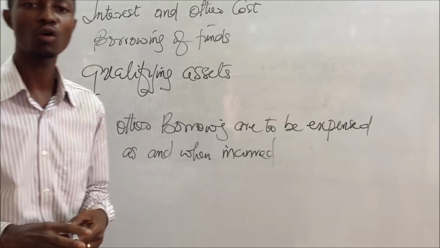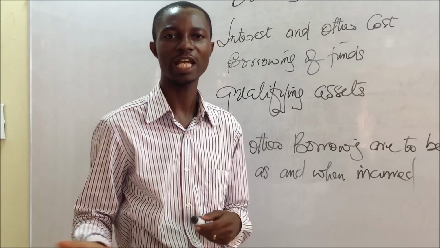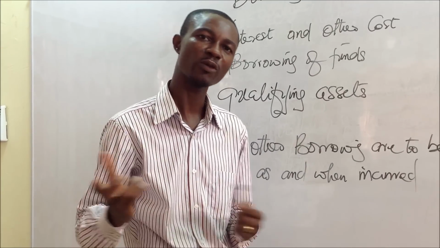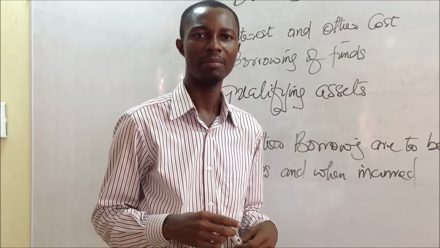So apart from borrowing costs that are related to qualifying assets, which will be added to the cost of the assets and be capitalized on the statement of financial position, all other borrowing costs are supposed to be expensed.